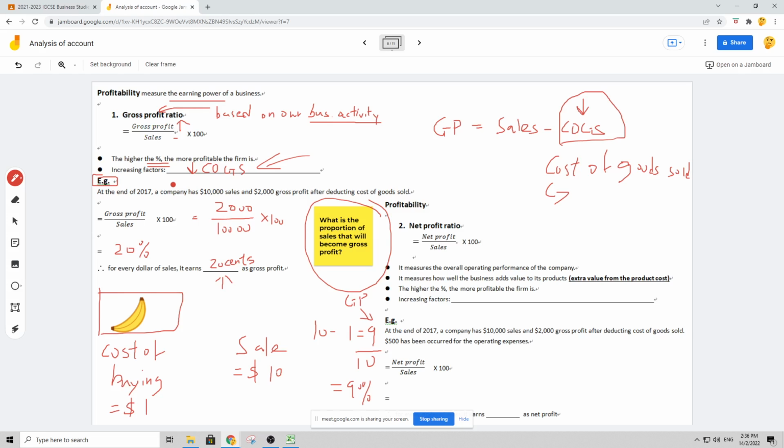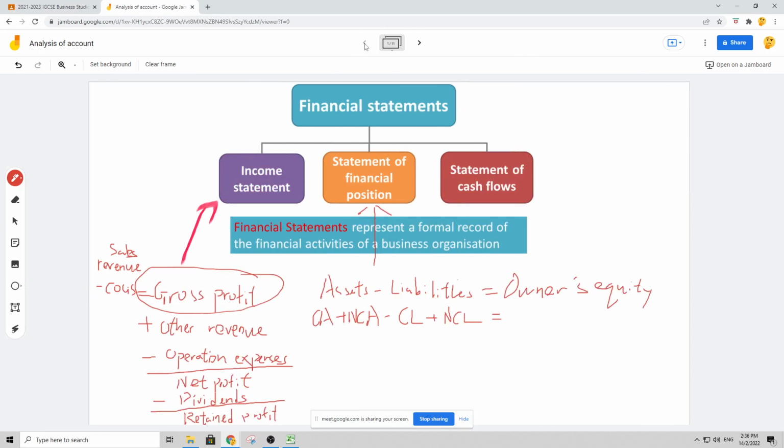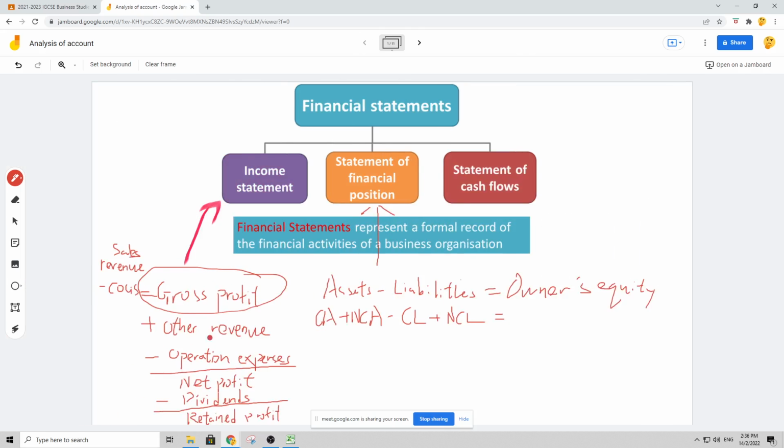But you know that is not the end of the story, because just when you are earning gross profit, it doesn't mean that at the end of the day you still have profits. Because when you go back to our equation, I'm just gonna go back to it very quickly. So this is what we came up with weeks ago.